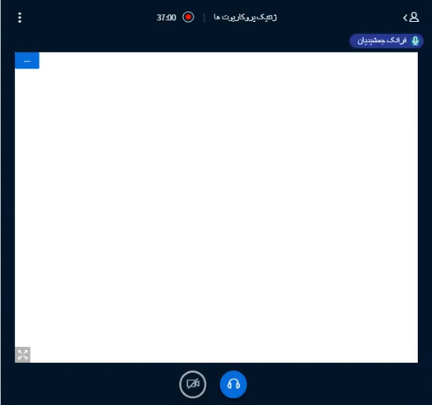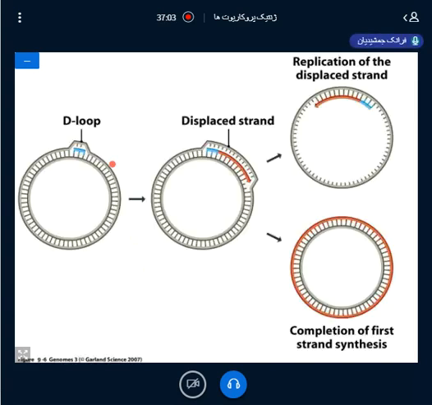Okay, I just want to tell you about the D loop replication. Do you know about this kind of replication? Did you study this?